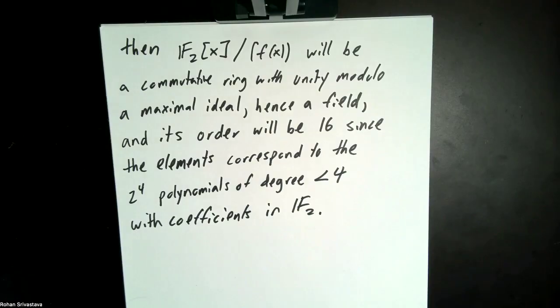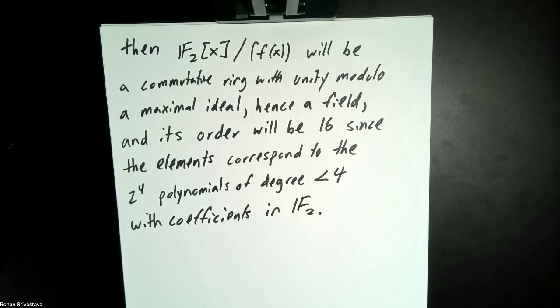So the elements, therefore, are the 2 to the fourth polynomials. For each of the degree terms, we have a 0 degree term, a first degree term, a second degree term, and a third degree term, and we can make the coefficient of each term either 0 or 1.